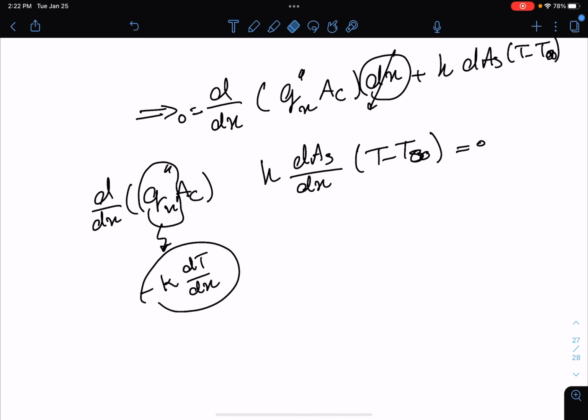If you go back, this should end up being a negative sign. No, I want to take the derivative. I want to simplify or expand this. What would be the expansion of d/dx of q double prime x Ac?